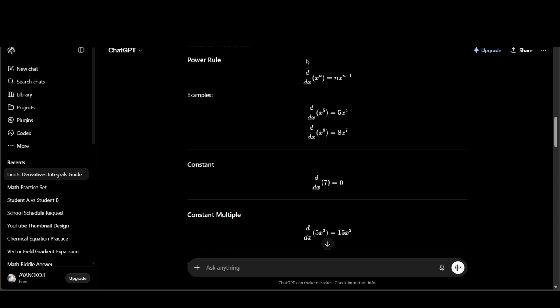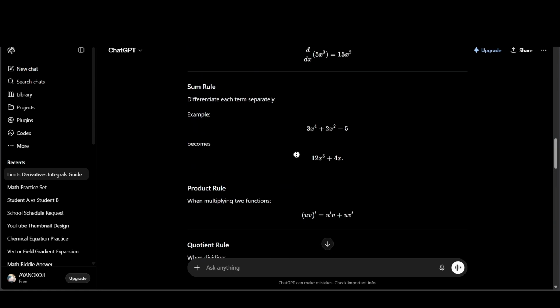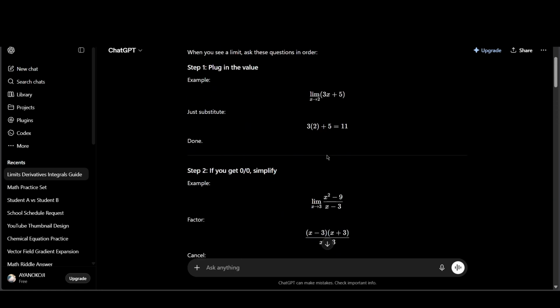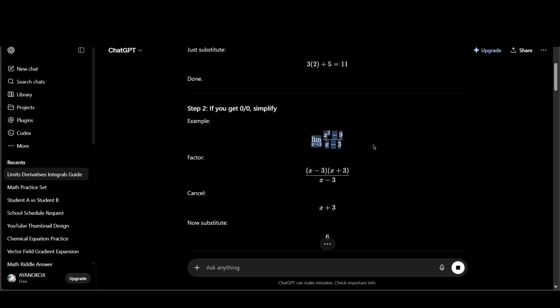Let's just see the example here. So x minus 3, we just have to find the values that multiply to negative 9.